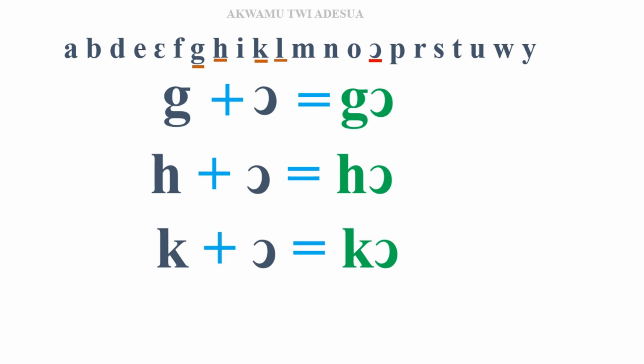K plus O will give us Ko. L plus O will give us Lo. M plus O will give us Mo.